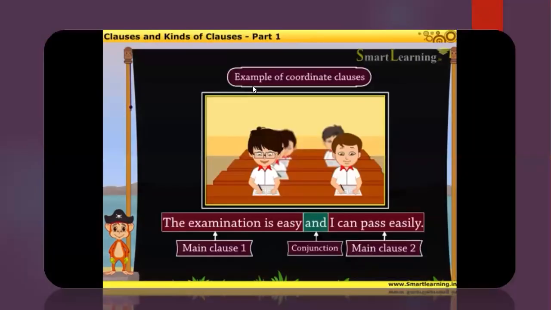Example of coordinate clauses you can see on the screen. The examination is easy and I can pass easily. So what is that? And is the conjunction. It is joining the two clauses. Main clause 1 is the examination is easy, and main clause 2 is I can pass easily. And these two clauses are joined with the conjunction and.